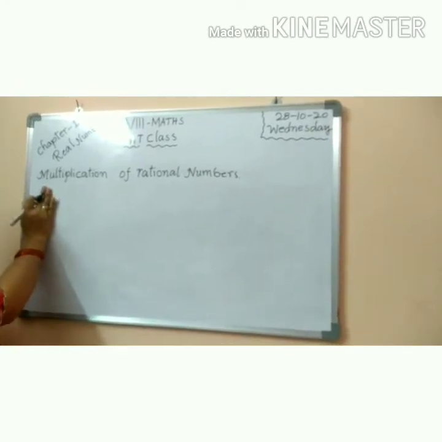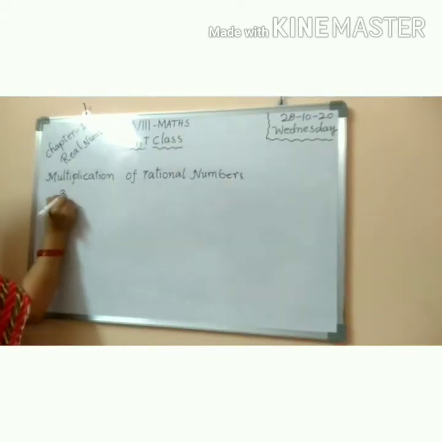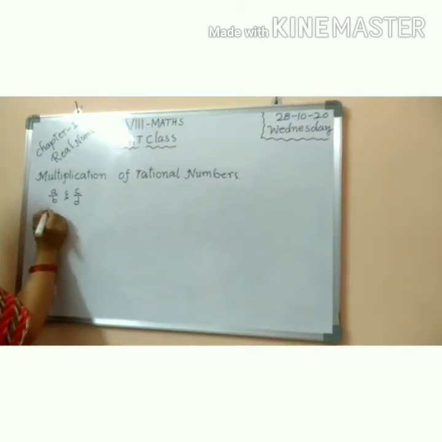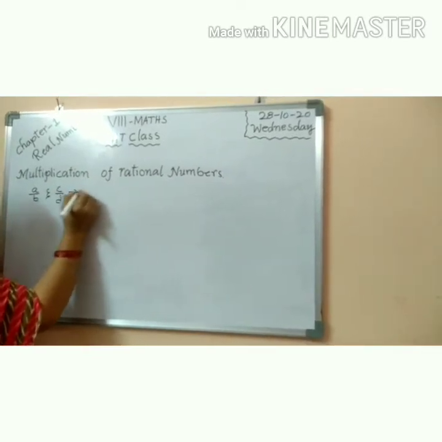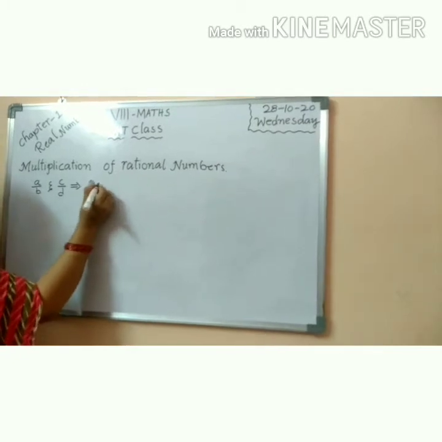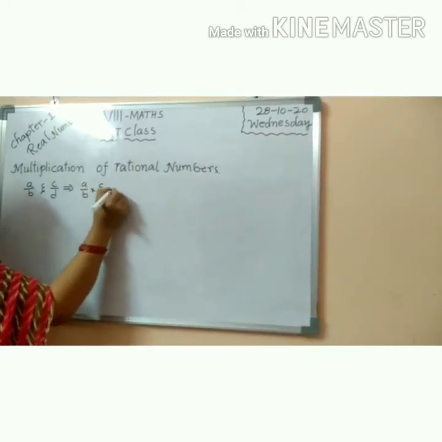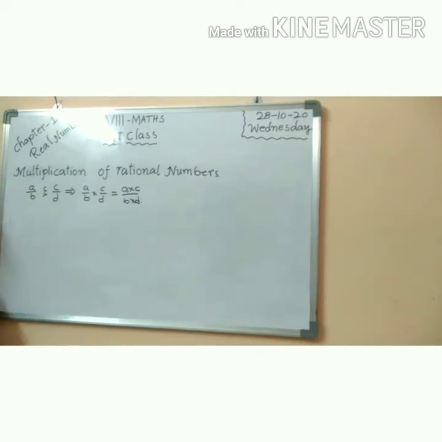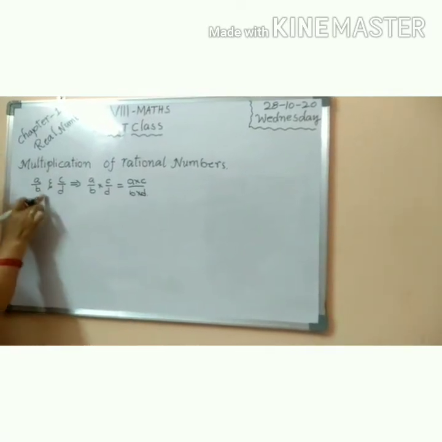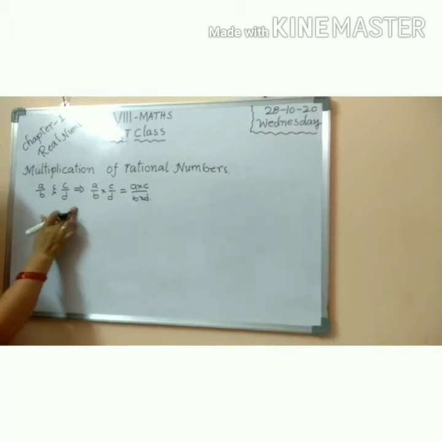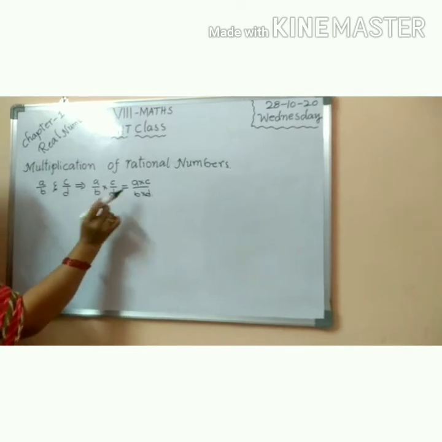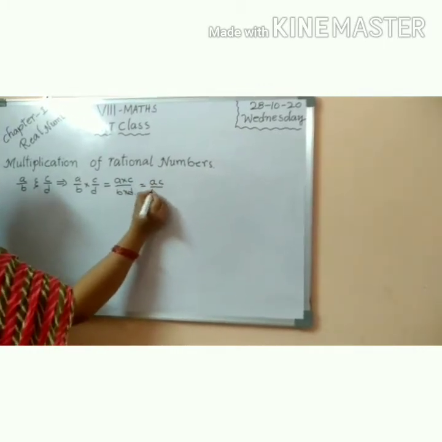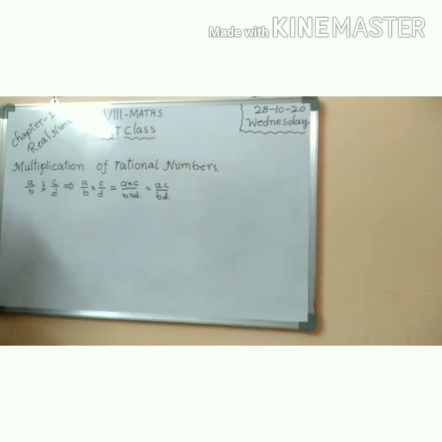Here a by b and c by d are two rational numbers such that a by b into c by d is equal to a into c by b into d, that is ac by bd. Did you understand, children?